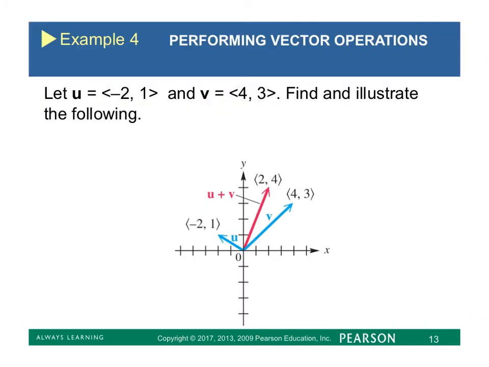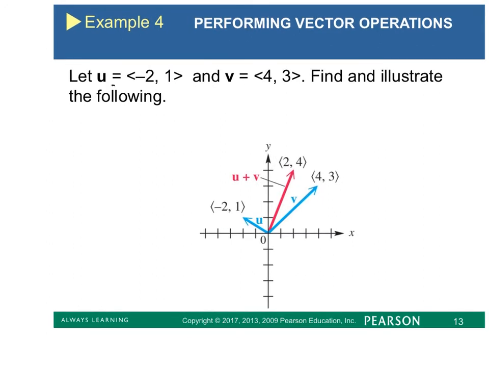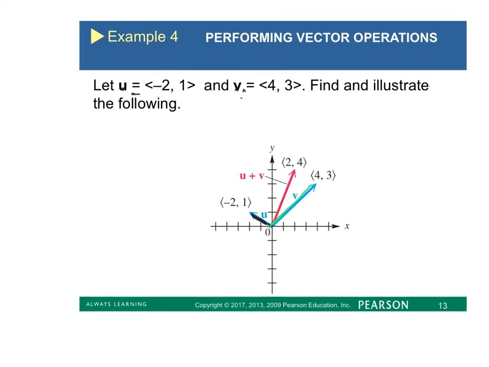To remind you, knowing those properties, he has vector u and vector v. See how they're very bold face? That's how I know they're vectors. So u is this little one over here, and v is this little one over here. And if you're going to illustrate the following, what am I illustrating? I guess I must have erased something.